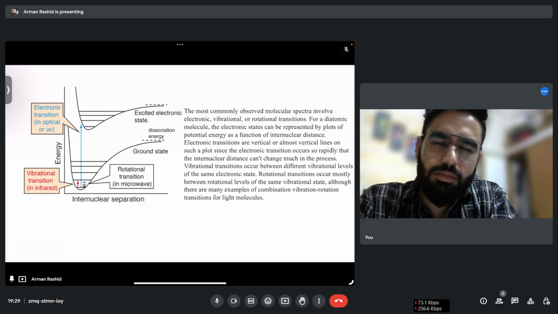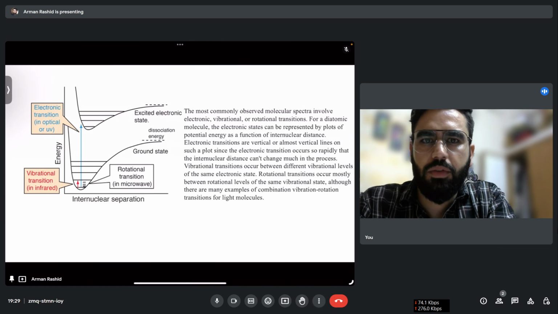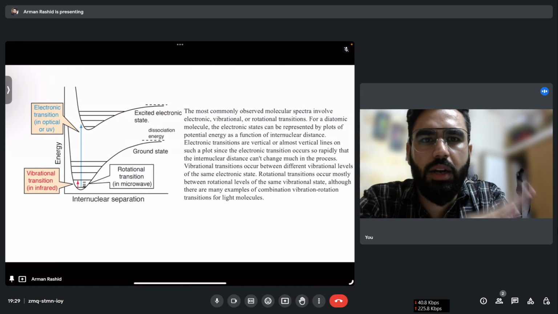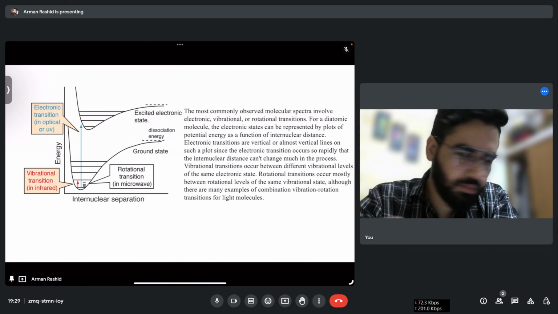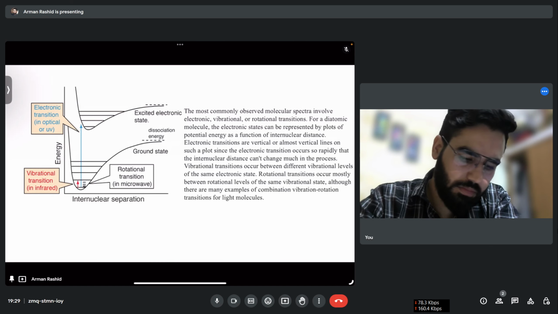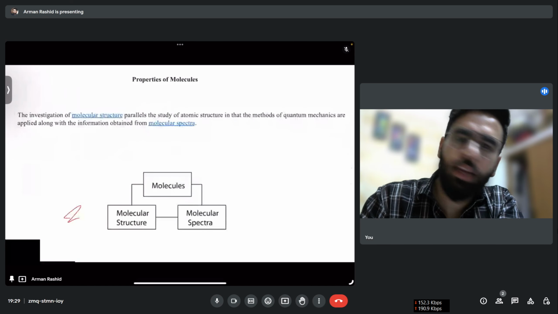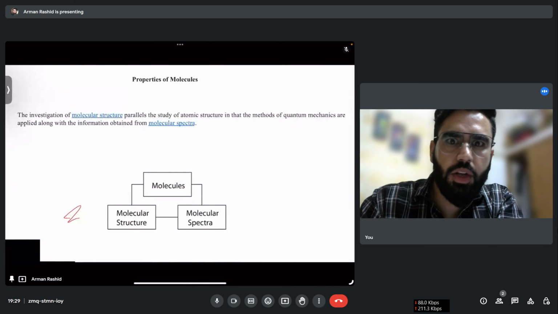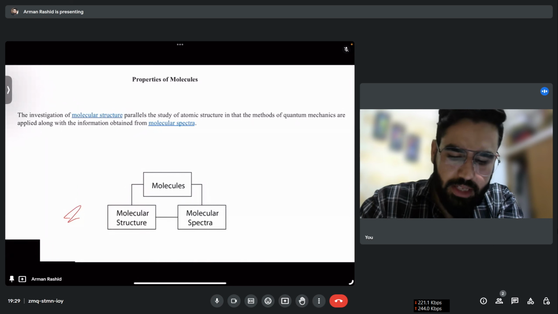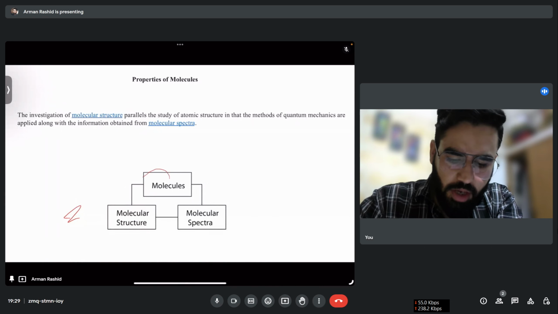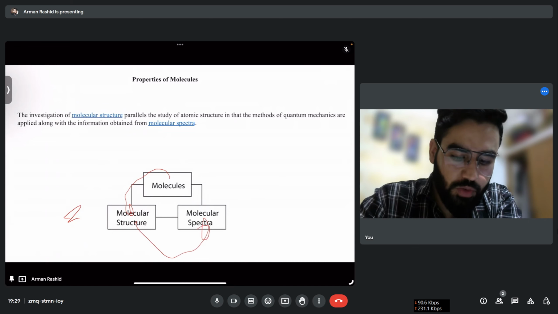The atomic and molecular spectra are the same as I told you in atomic spectra. We had different levels; similarly, we have molecular levels. Molecular levels are more complex than atomic levels because of the rotational and vibrational states that are possible. As I have shown here, molecules have a molecular structure, and from that structure it has a molecular spectrum.